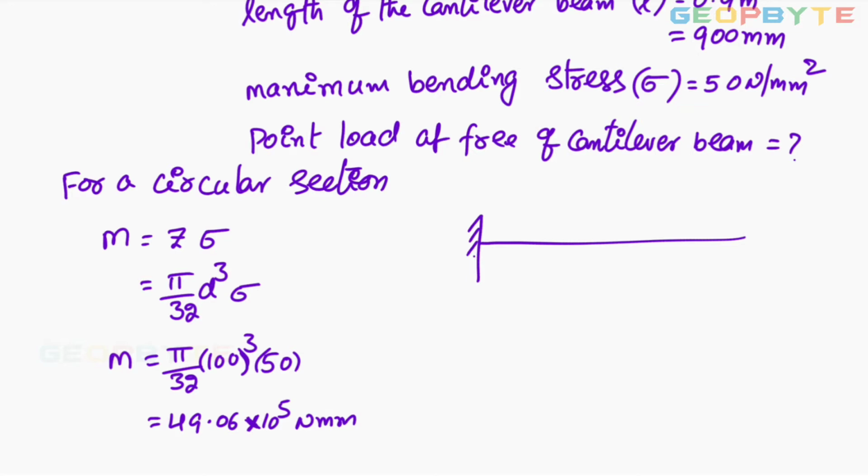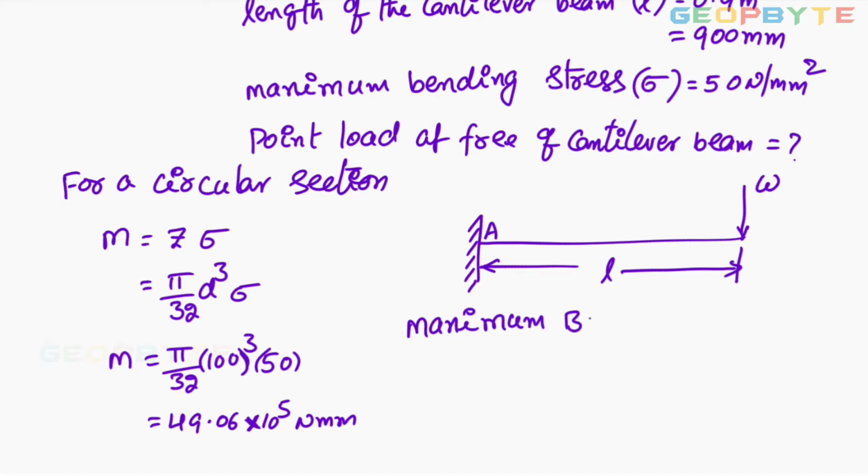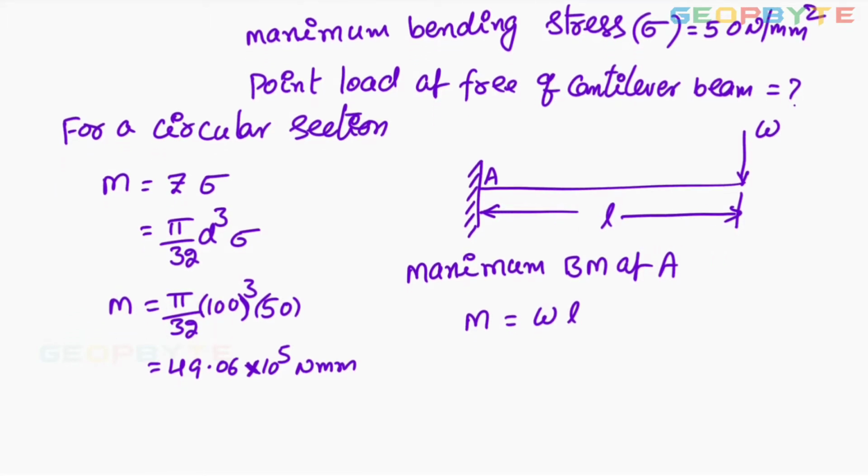Now come to the beam. If a cantilever beam has a point load at its free end at a length of L from the fixed end, the maximum bending moment is occurring at the fixed end A. Maximum bending moment at A, M equal to load multiplied by distance, W into L. But M already you got it.